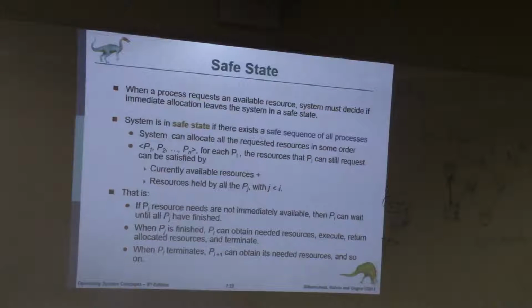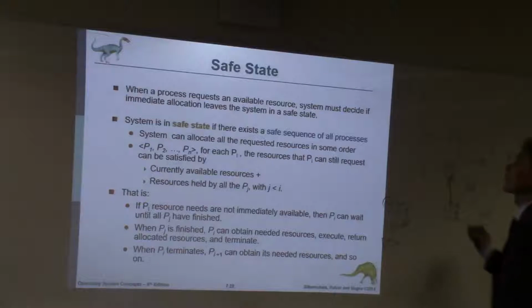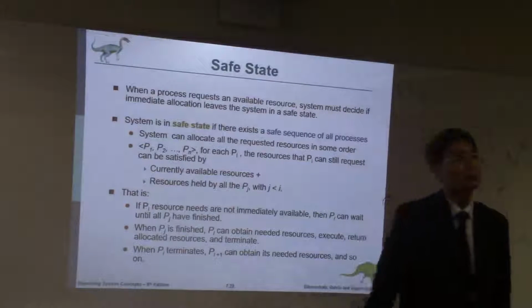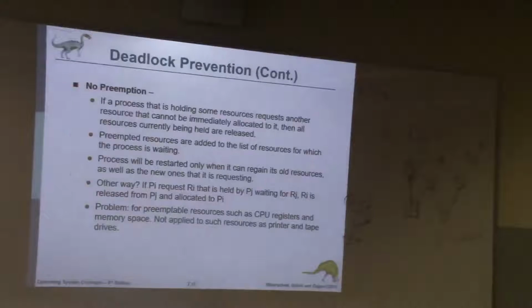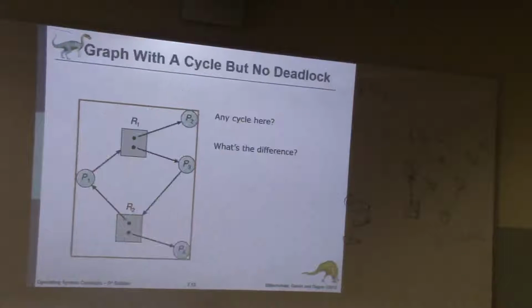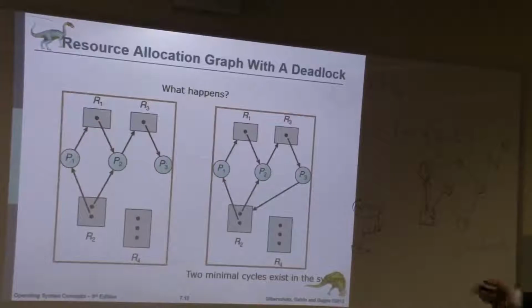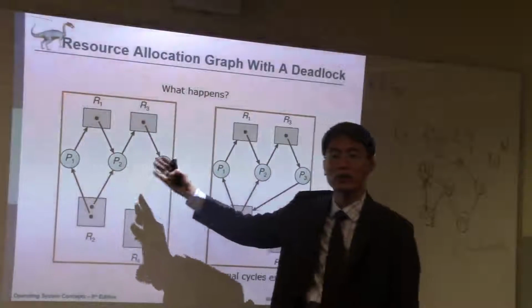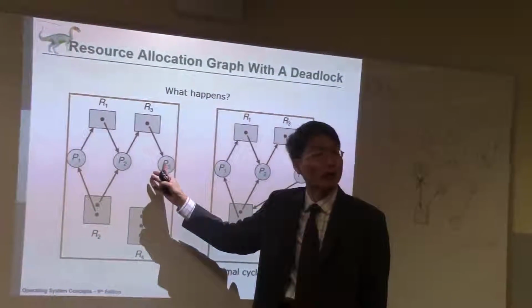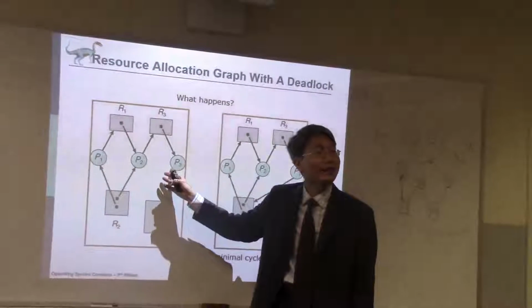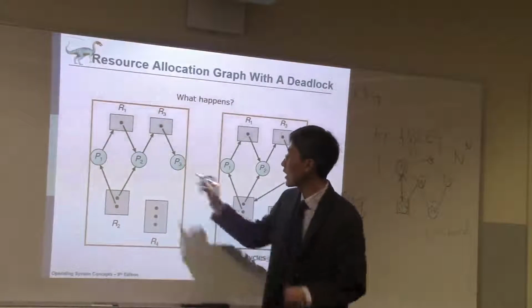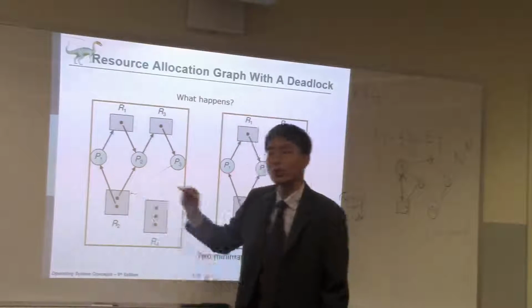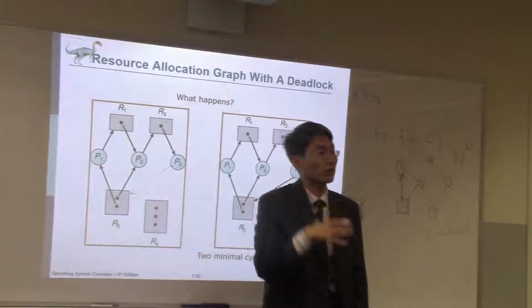At that time, we can define the safe state. We have the current status of the processes, like this one, for example. This is the current status. P3 requests the resource I2. So decide whether this allocation may cause deadlock or not.